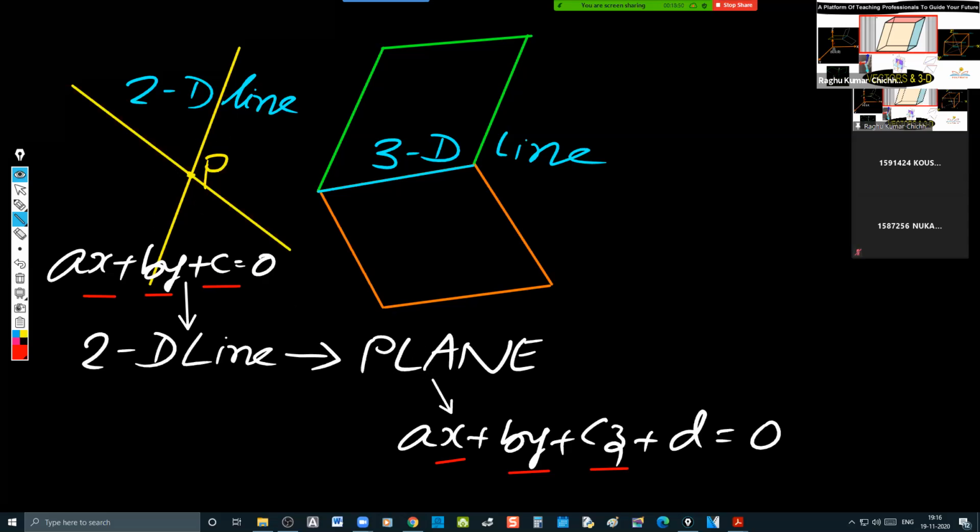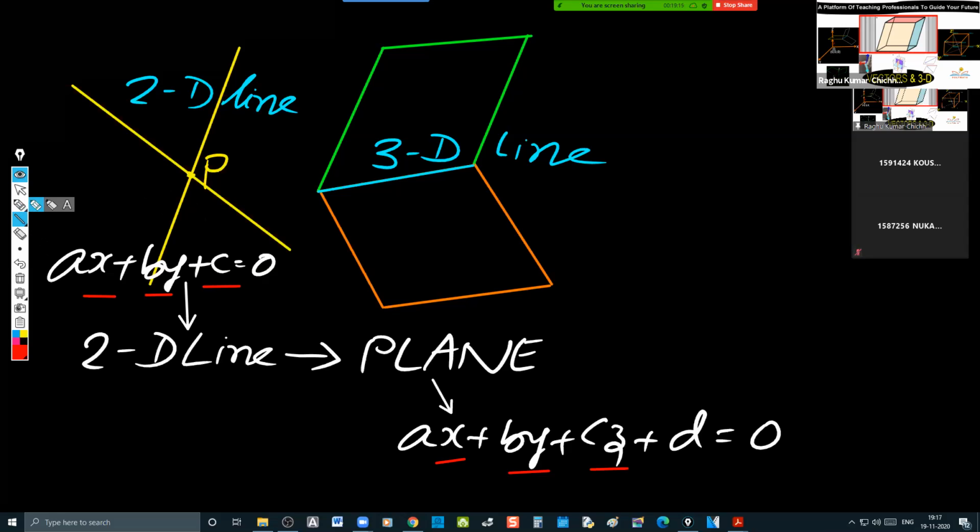So now, if you want to understand the 3D line, first of all, you must study the plane, because when you know about the plane, only then can you understand the 3D line, because a line is the intersection of two planes. Anyway, I'll make you understand that easily.